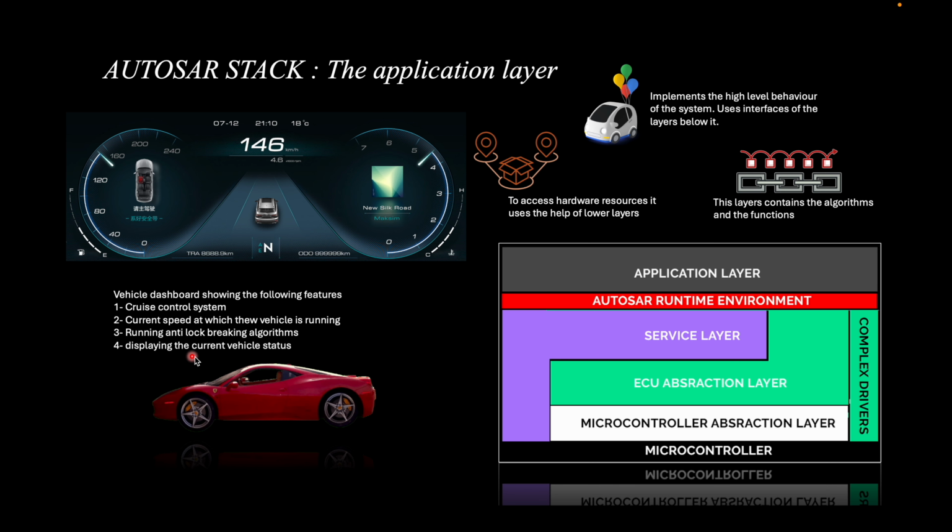And you can also display the current vehicle status, like whether it is in park, neutral, and all those things. So that can be displayed, and all these things can be developed inside an application layer.